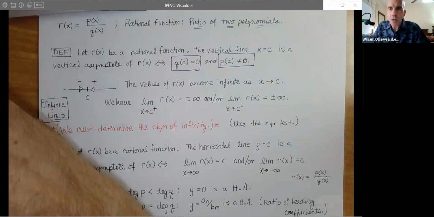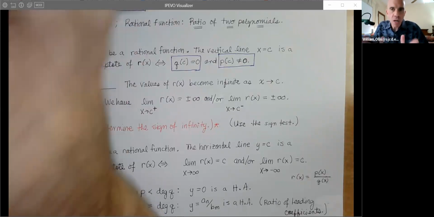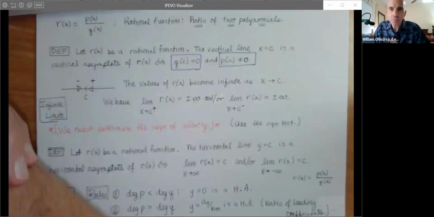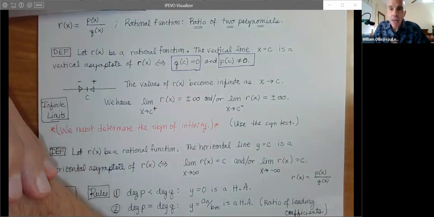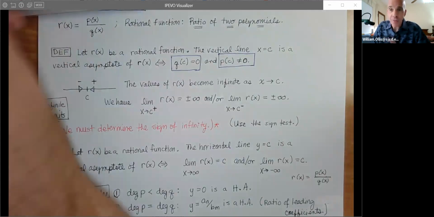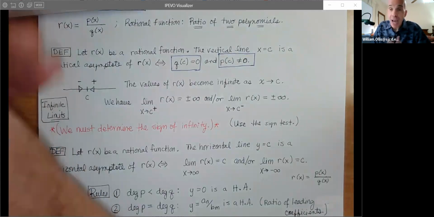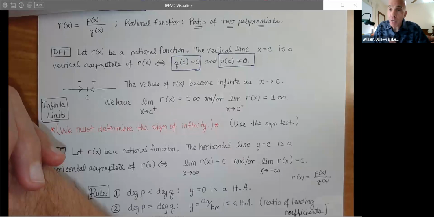Basically, ladies and gentlemen, when you show that something is unbounded, you just pick some positive number, call it M, and you show that you can make the function bigger than that positive number. And since the positive number is arbitrary, that will prove that the function becomes infinite.